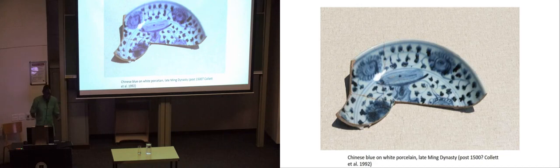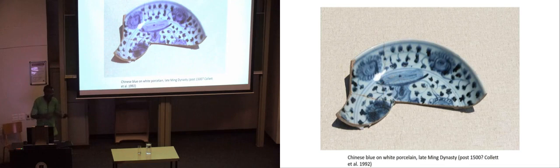As an aside, this cobalt blue, which is on these ceramics, was actually sourced from Afghanistan and then traded to China. Some work done by some of my colleagues at Oxford demonstrated that even the production of these ceramics in China was a result of raw materials that were gathered from different places.